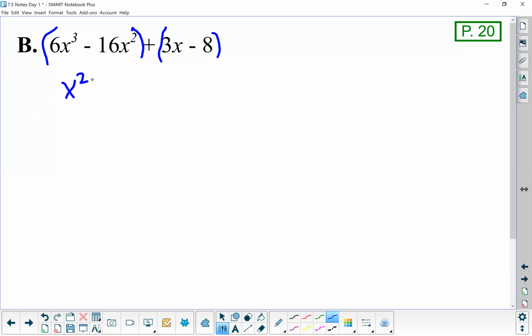Both terms have an x squared. And the 6 and the 16 are both divisible by 2. 6 divided by 2 is 3. X cubed, when we factor out an x squared, it leaves us with an x. Minus 16 divided by 2 is 8. And we factored out the x squared, so that doesn't have a variable.